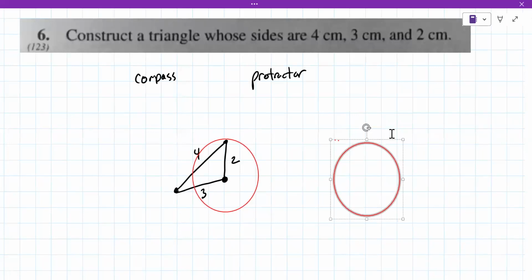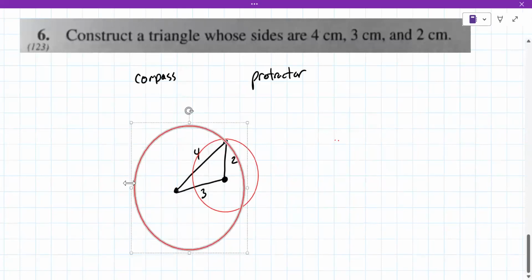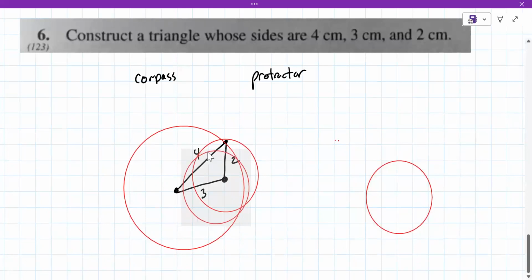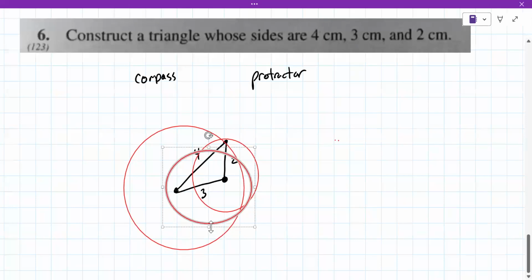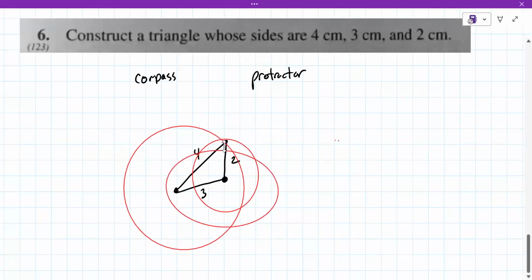We can make this one a little bigger to represent the radius of the other one. So you have to draw 3 circles, and if you do a nice job, they intersect. We'll see here in a moment if we get this right. Oh, well, that's not very good. It's kind of rough.